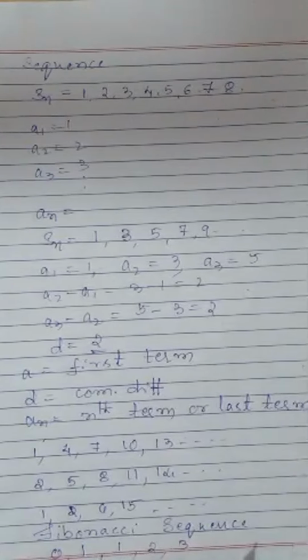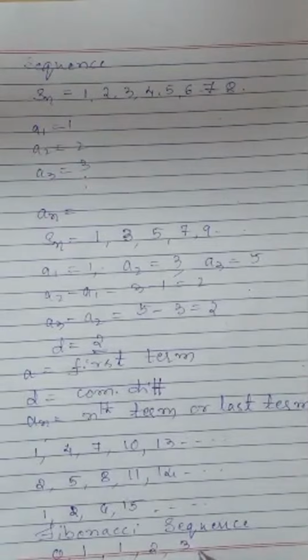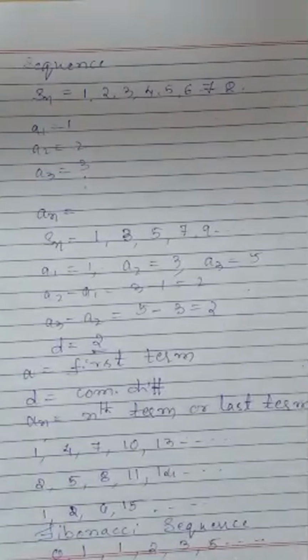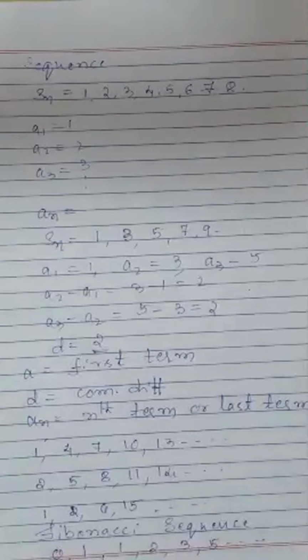To this 3 add the preceding term, 3 plus 2, that's 5. So this sequence is called the Fibonacci sequence. Actually, this sequence is named after Fibonacci, so for that purpose it is represented as the Fibonacci sequence.